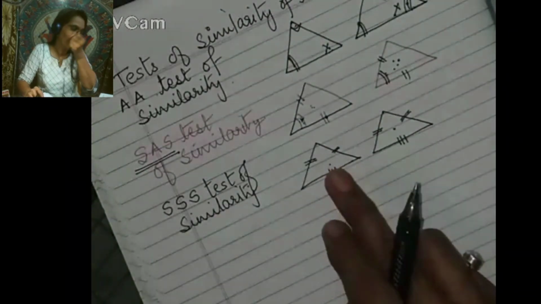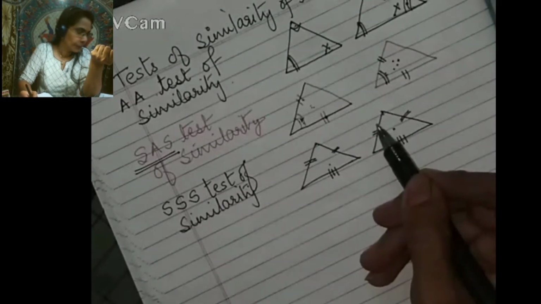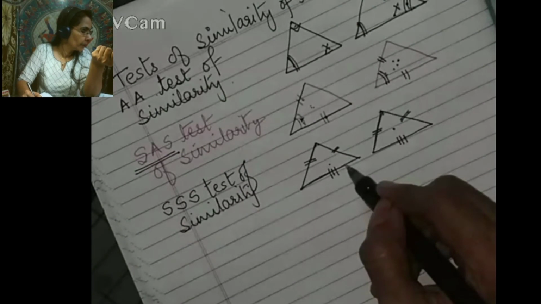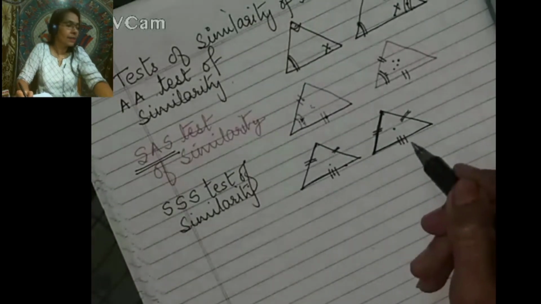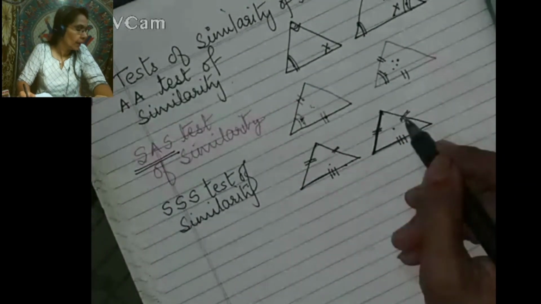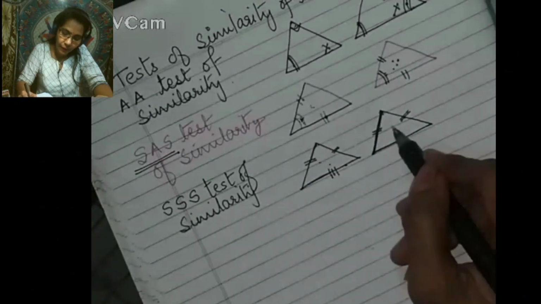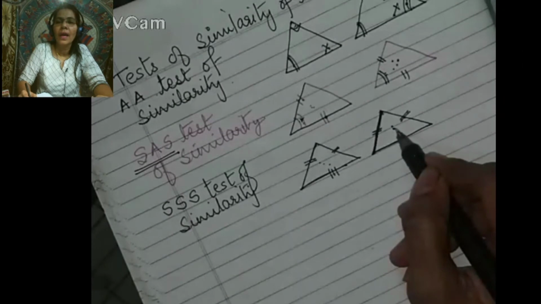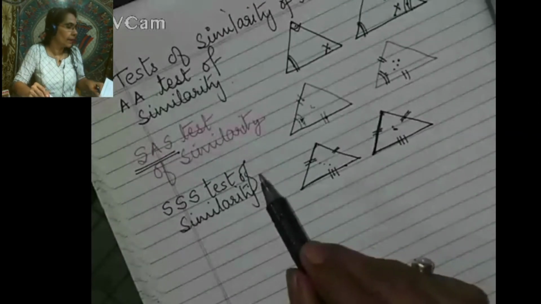For a given correspondence of vertices of two triangles, when three sides of a triangle are in proportion with the corresponding three sides of another triangle, then the two triangles are similar to each other by SSS test of similarity. Let's go to practice set 1.3.